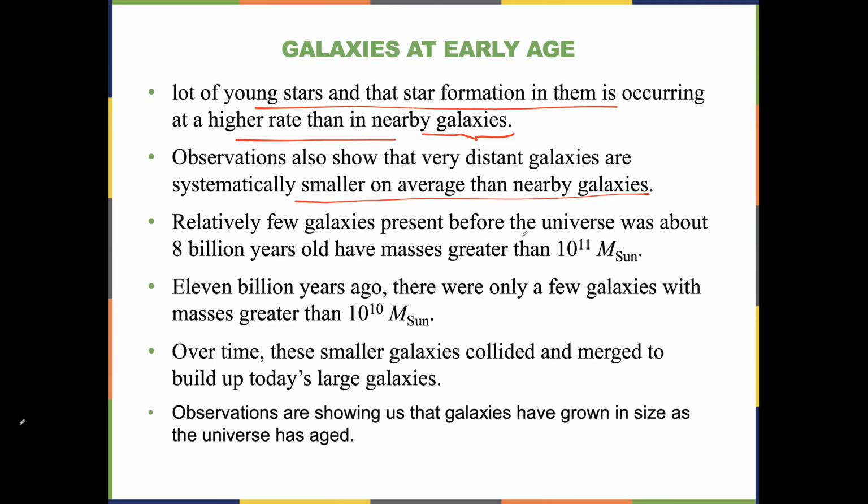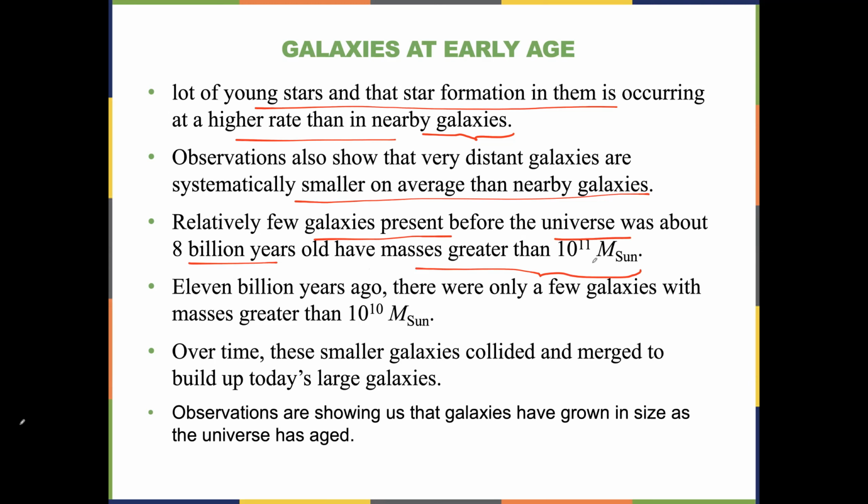And only a few galaxies present before the universe was about 8 billion years old have masses greater than 10^11 solar masses. What that means again is that at early stages you do not have huge galaxies. You have very small galaxies, kind of smaller in terms of their sizes.